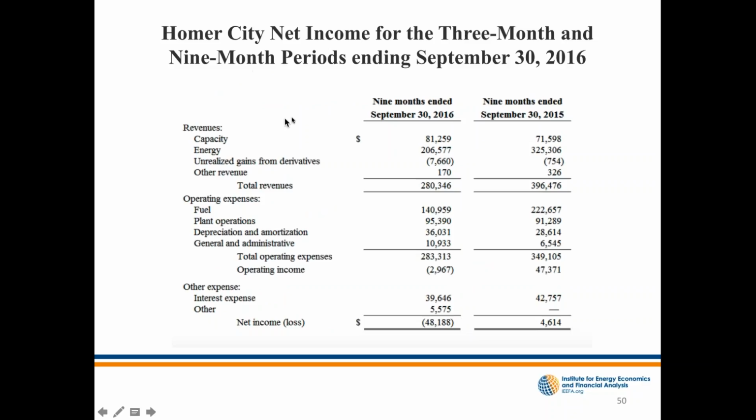Now, other information in the financial statement will show you the net income. And here you can see I've produced the data for the 9 months ending September 30, 2016, and you can compare it to the first 9 months of the previous year.